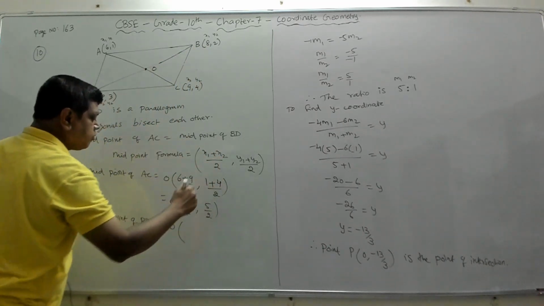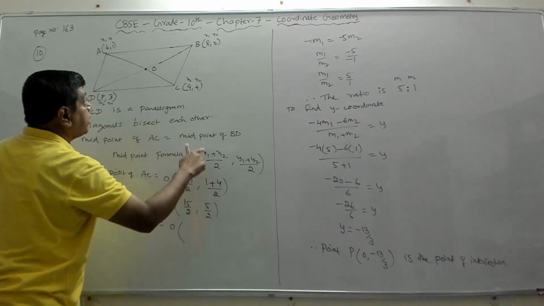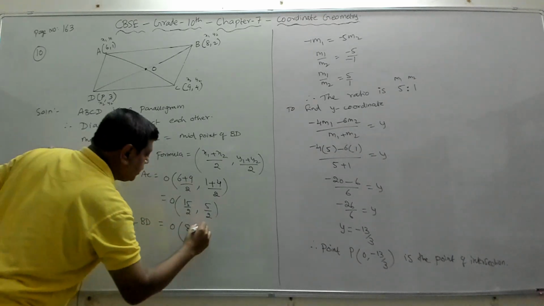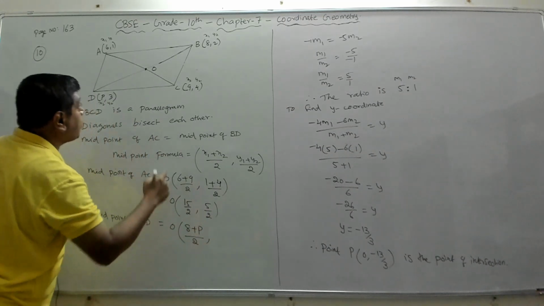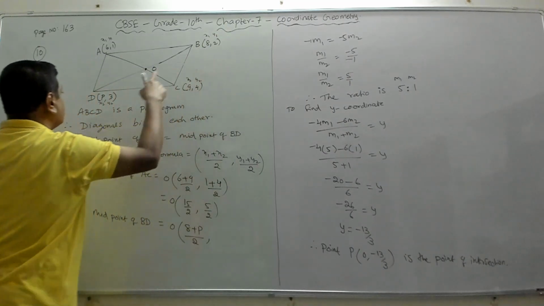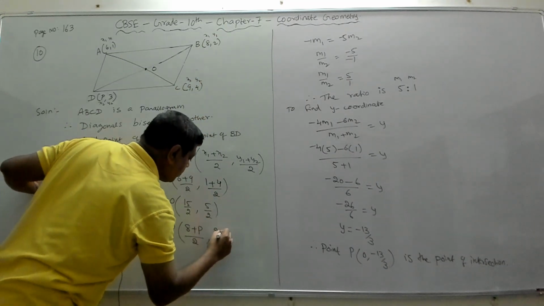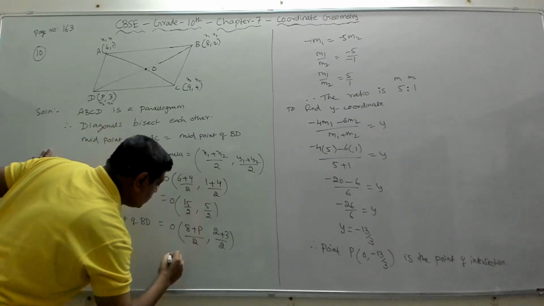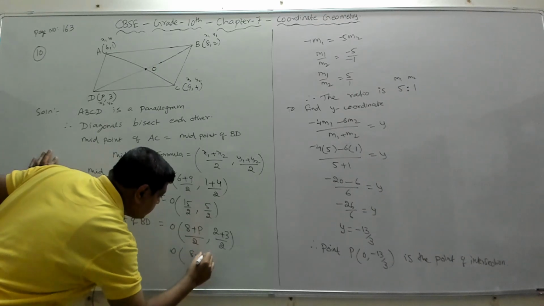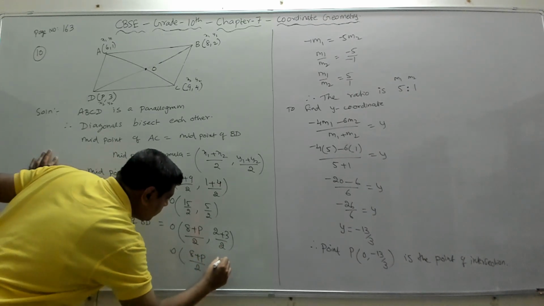So you'll get 8 plus p by 2 comma y1 is 2, y2 is 3, so 2 plus 3 by 2. So you get O of 8 plus p by 2 comma 5 by 2.